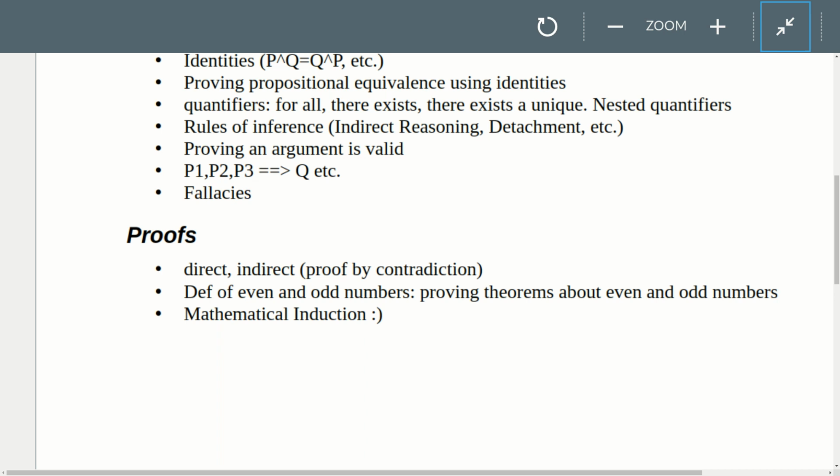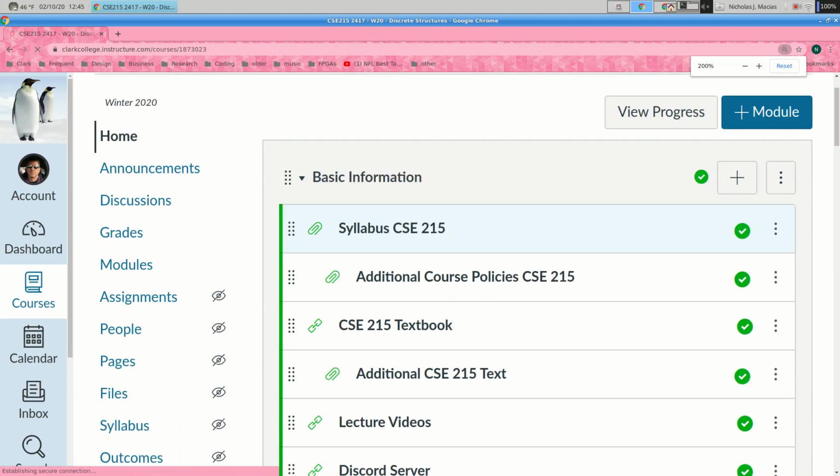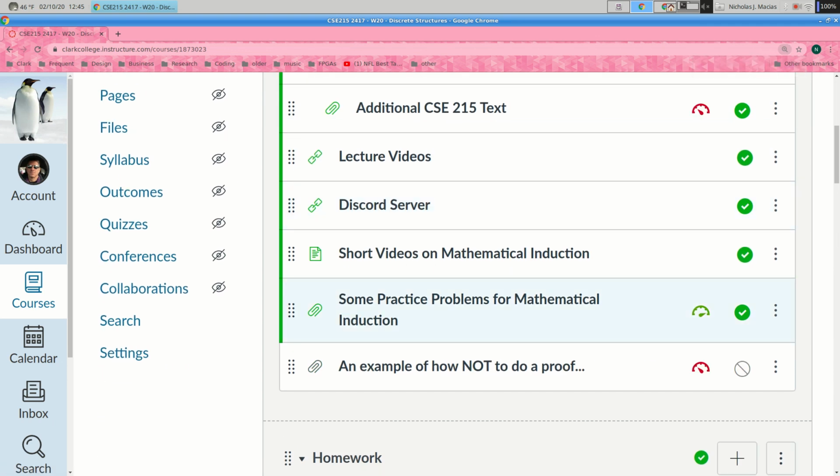All right, other questions? So there's a section up here, some practice problems for mathematical induction.